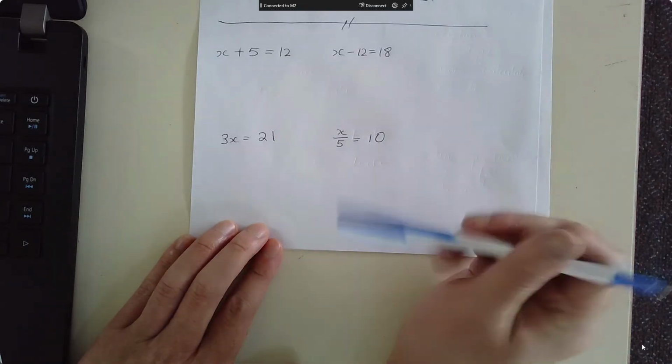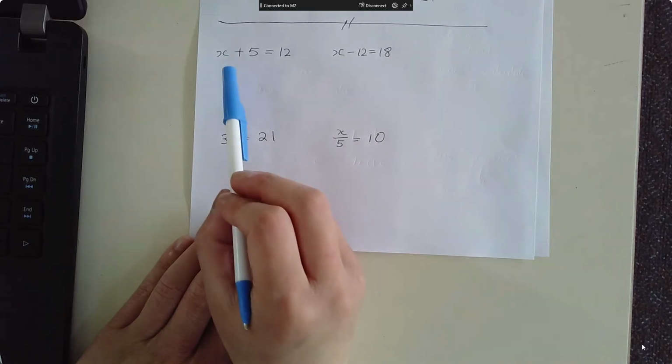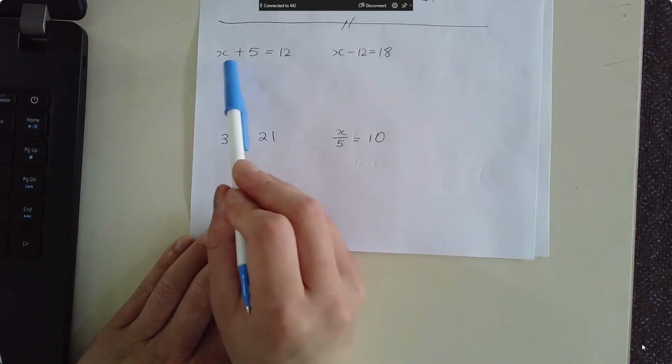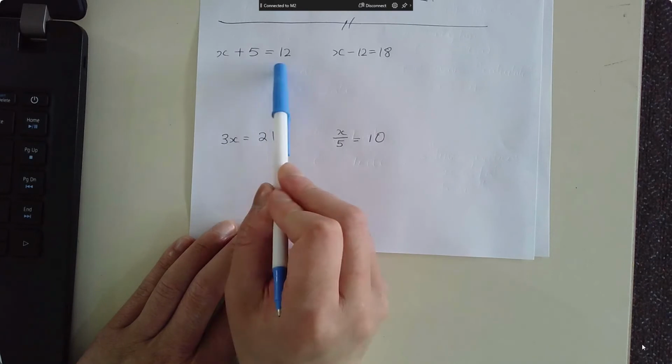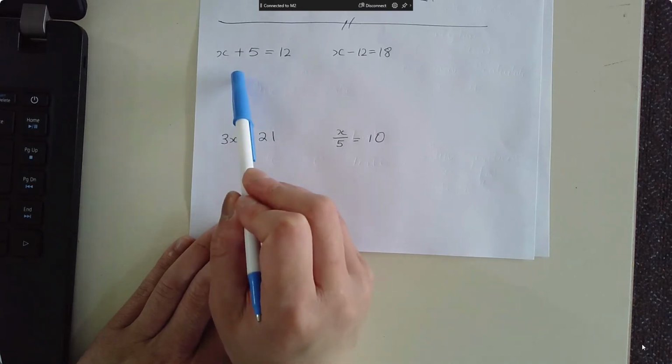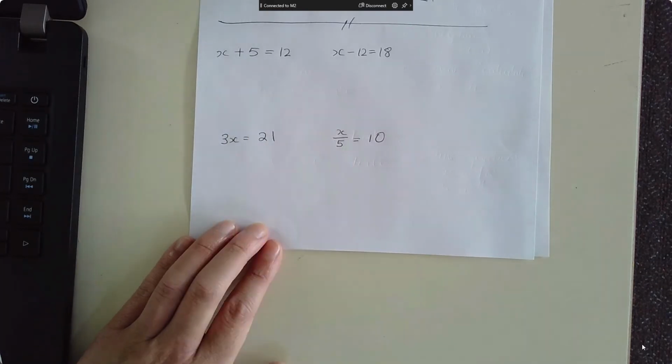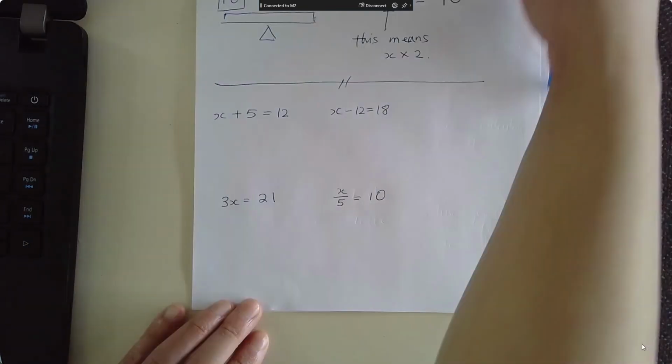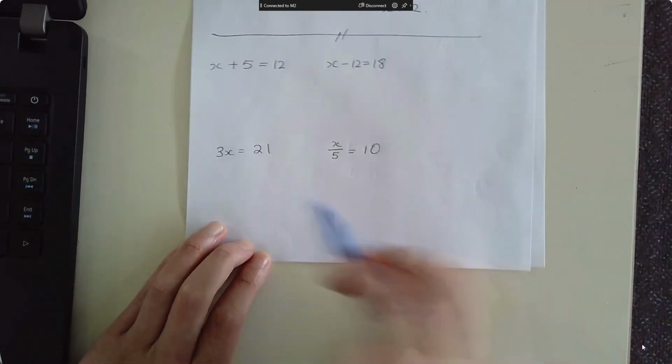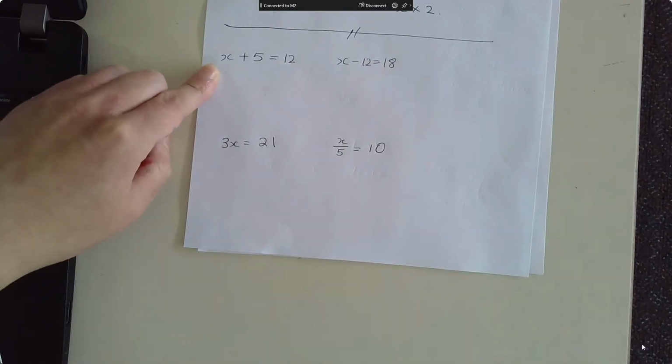So use the sheet to help you if you wish. Let's just look at the first one, x plus 5 equals 12. My goal is to get x on its own, or x by itself on the seesaw. So what would I need to do to both sides so that I just had x?